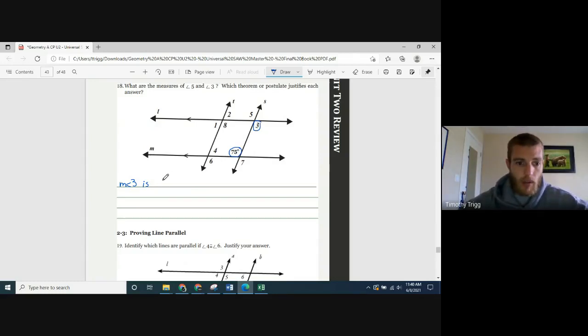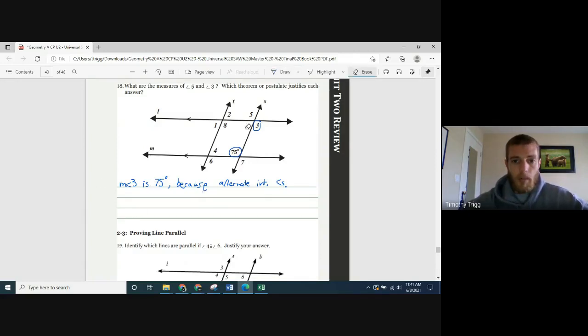So the measure of angle 3 is also 75 degrees because they are alternate interior angles. Okay.